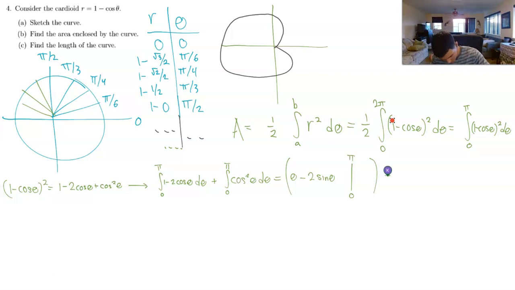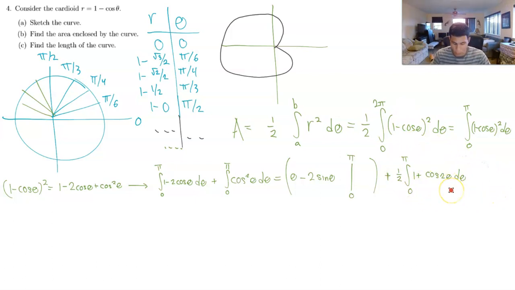Plus this other integral. Since it's cosine squared, we have to rewrite it using the half angle identity. So that's 1 plus cosine 2 theta, over 2. I did have that one memorized.